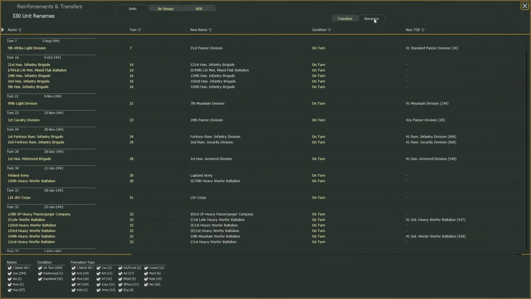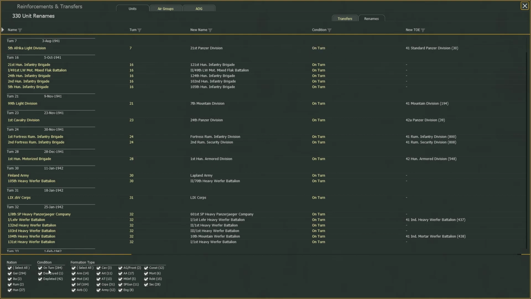And you can also have a look here at the renames in case you want to see what changes name, in case you're wondering, oh my god, where is the 5th Light Africa Division? Oh my god, no, it's now the 21st Panzer Division. Okay, you don't have to worry about it. And here you have the condition.